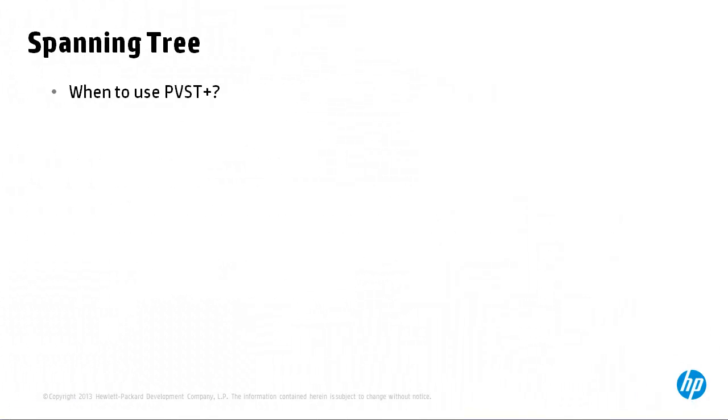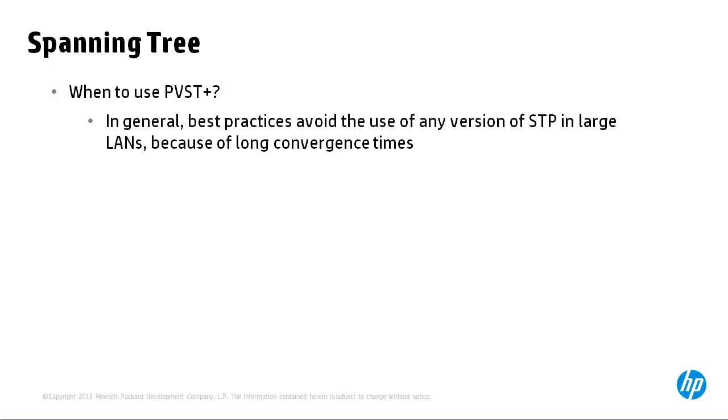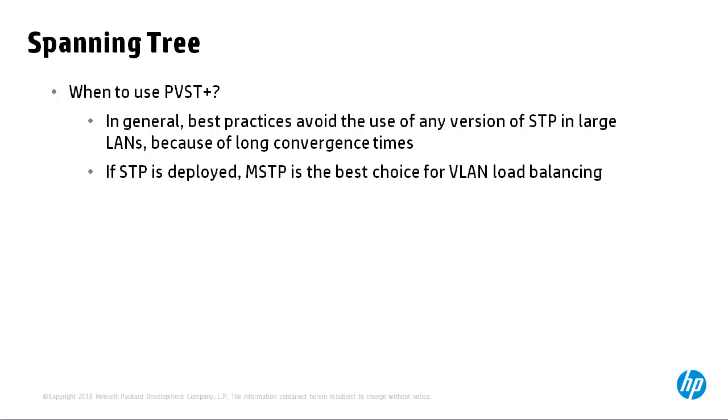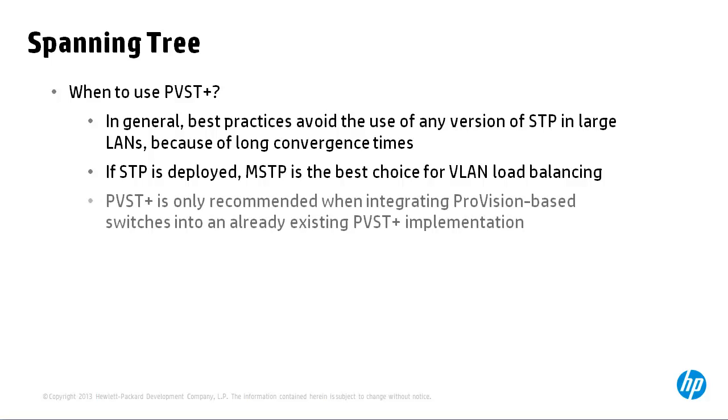So when should you use PVST in a Cisco and HP environment? In general, best practices avoid the use of any spanning tree in a large LAN because of the long convergence times. A better choice would be to use IRF in a large campus environment. If spanning tree is deployed, multiple spanning tree is the best choice for VLAN load balancing.